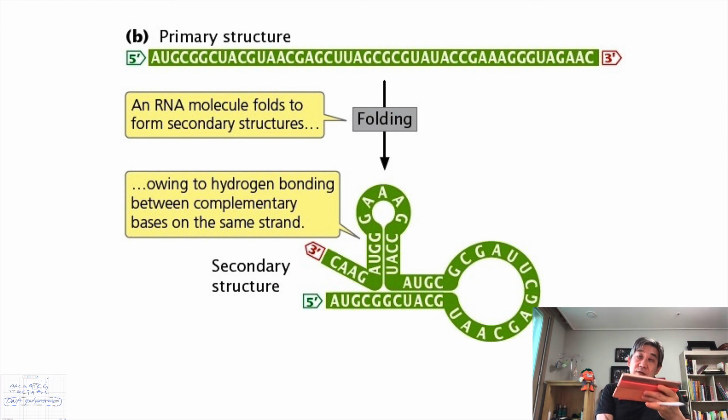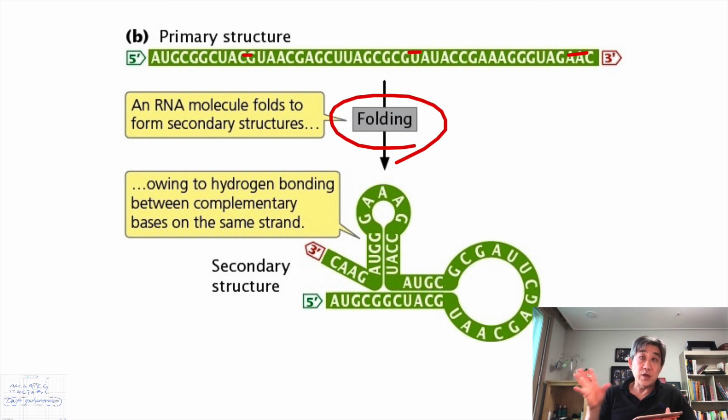However, in the case of RNA, due to the unique property of the individual nucleotide, the fact that it contains oxygen at position number 2 of the 5-carbon sugar ribose, they prefer to have this complementary base pairing internally, within the region of the same strand, like this.